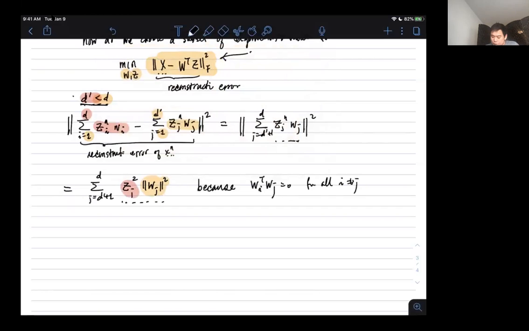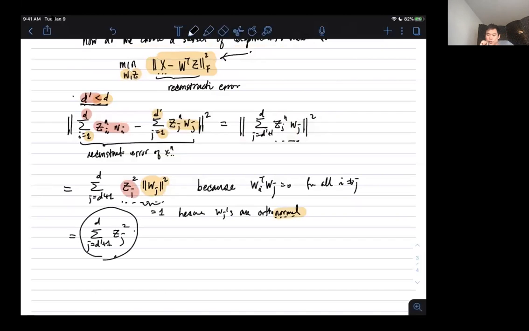But if you remember, this term is just 1, because the W_j's are orthonormal, because of this normality here. So this is just 1, and what we end up with is the sum over j from D prime plus 1 to D of Z_j squared. So this is the reconstruction error we get from principal component analysis.